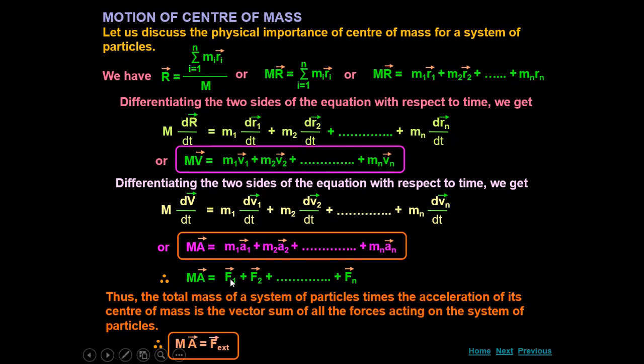If you write f1 plus f2 and so on as the total external force, F external, you can write it like this: M a, where M is the mass of the system of particles and a is the acceleration of the center of mass, must be equal to the total external force.